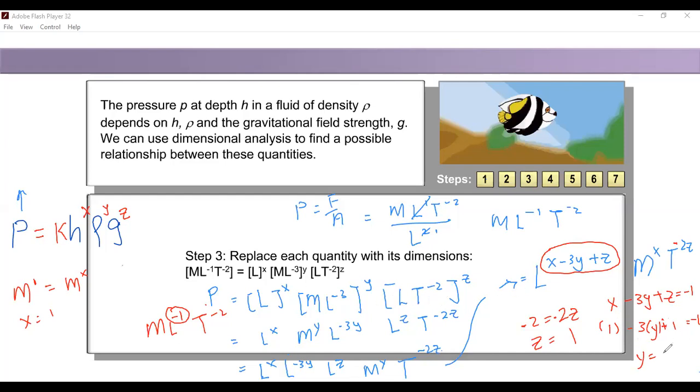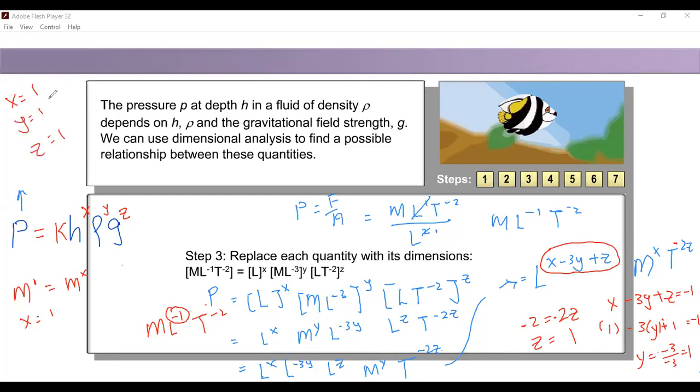So that means that we'll get -1. This one put the other side, -1, -1, -3. -3 over -3. So it will be equal to 1 as well. So at the end, we get X equal to 1, Y equal to 1, Z equal to 1.